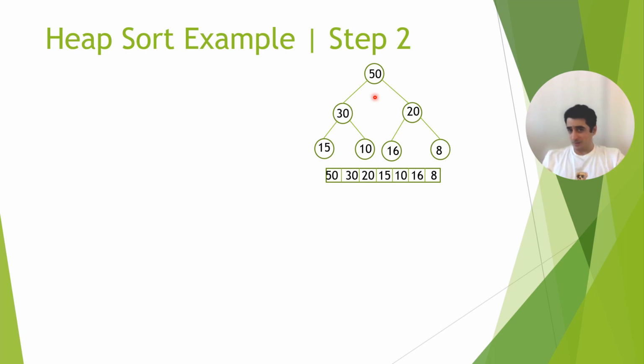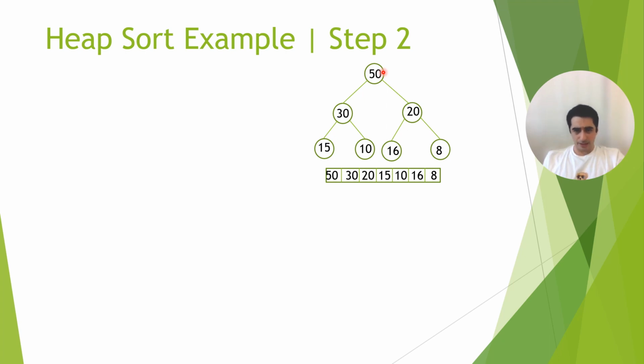I created this max heap from bottom to top. As you saw, I skipped the leaves first, and I applied the heapify operation on this node first, then this node, then this node, and now it is a max heap.